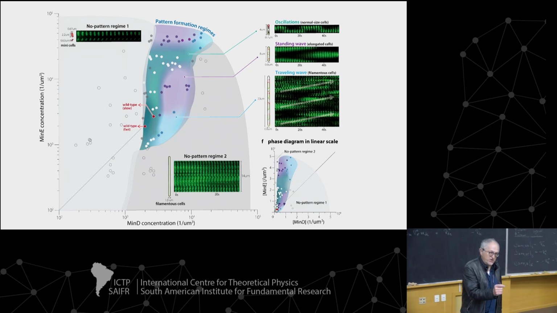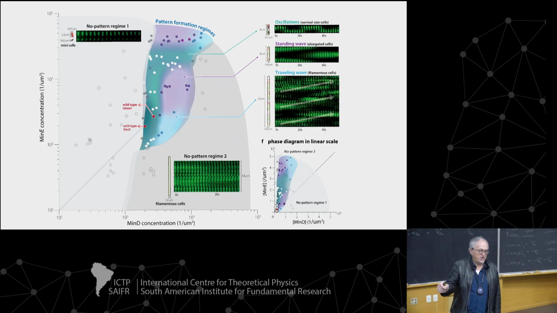But then you have to measure what actually is expressed. You cannot engineer such that you know from the engineering what the expression level of the min-E and min-D is. You have to look at your system, you look at the fluorescence of the min-E and min-D, and then you have to find a way which is convincing that gives a number to the min-E and min-D concentration.